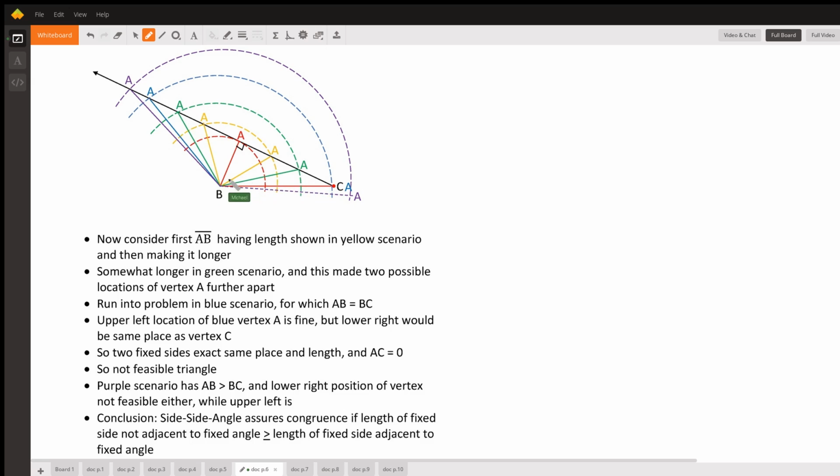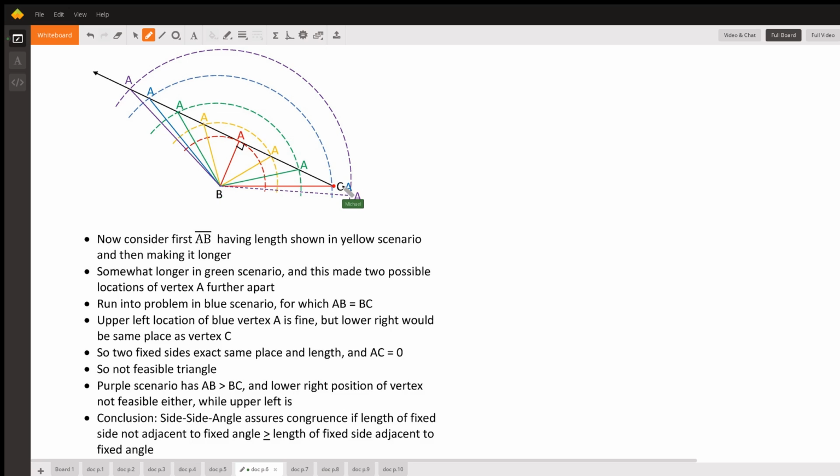Now, what about the blue scenario? In the blue scenario, this length for side AB is the same as the length of the other side. So this triangle works, but over on this side, vertex A and C would be in the same place, and that doesn't work.